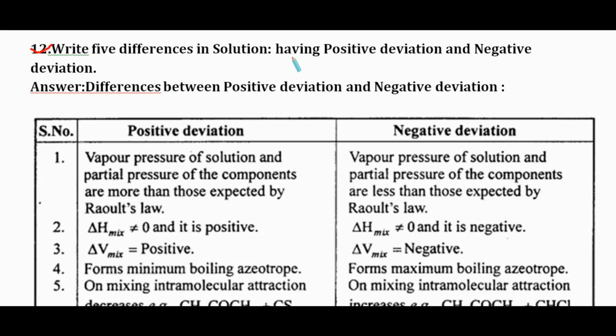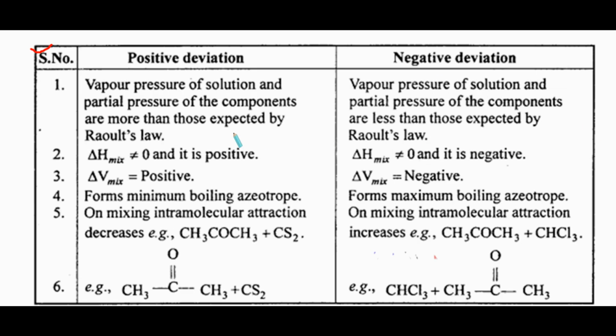Write 5 differences in solution having positive deviation and negative deviation, and this is the difference. Vapor pressure of solution and the partial pressure of the components are more than those expected by the Raoult's law. This is positive deviation solution. Vapor pressure of solution and the partial pressure of the components are less than those expected by the Raoult's law.